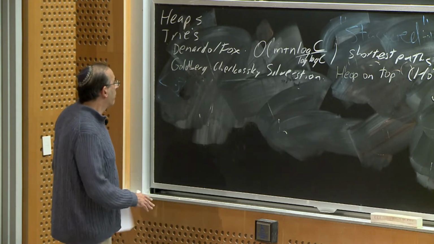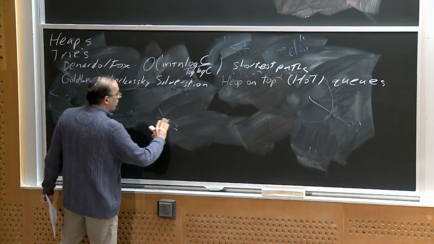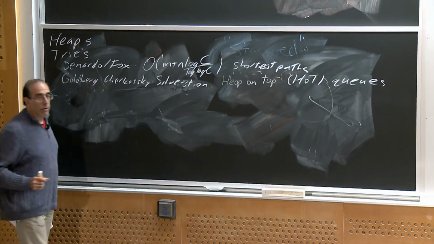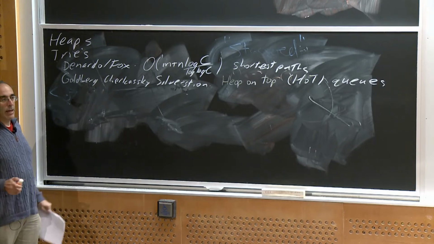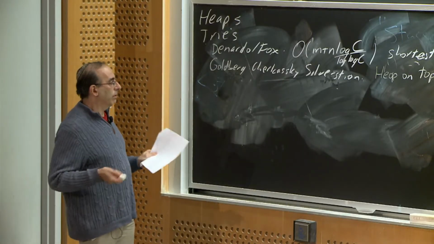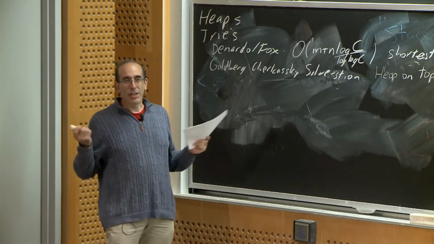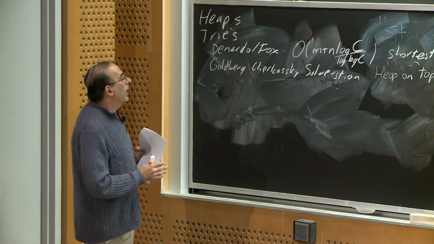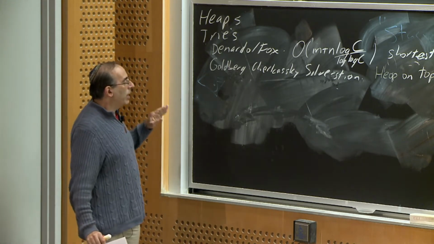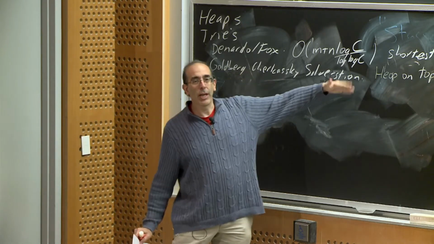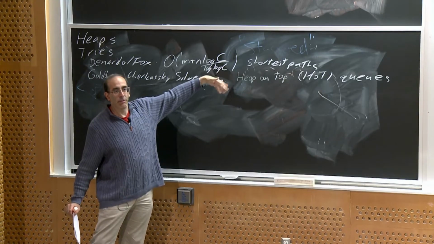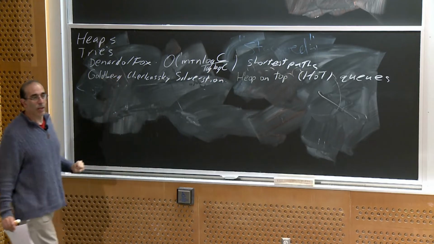So I recommend that. But we're going to go somewhat farther with heaps, with this idea that finding the minimum in a big array is just a heap problem. We're going to see that we can get much more recursive than just putting a heap on the very top of the priority queue.